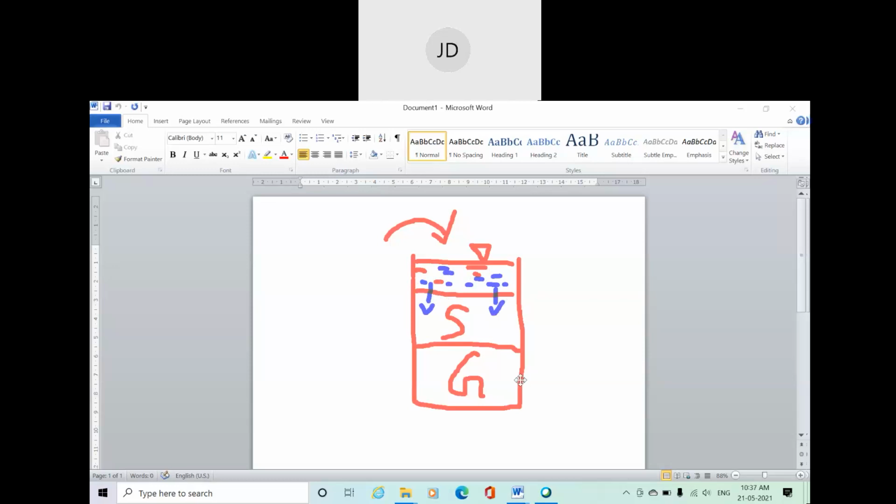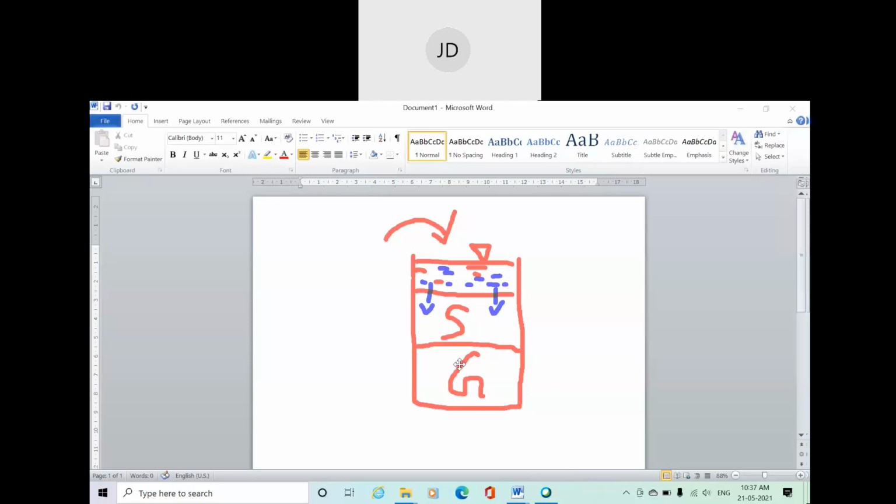So basically, let me tell you the mechanism of how a filter can purify water. Purification means what? If you want to purify water, you need to remove the impurities. You need to remove the disease-causing microbes, disease-causing suspended matter, and heavy metals from the water.